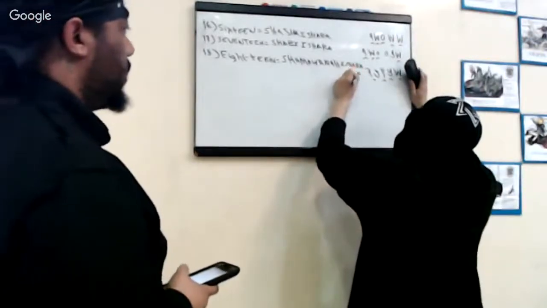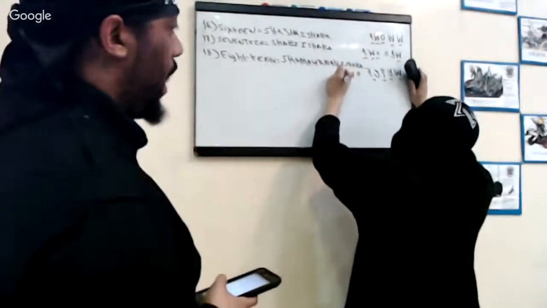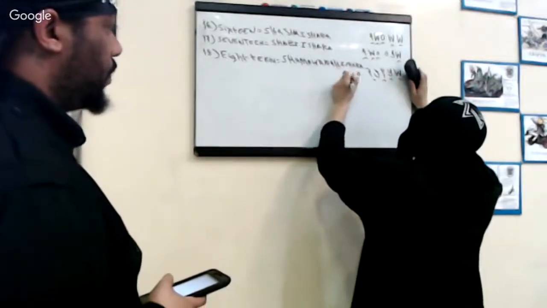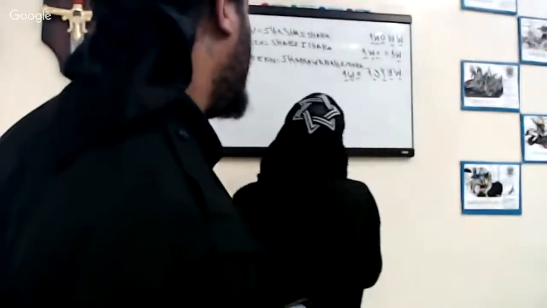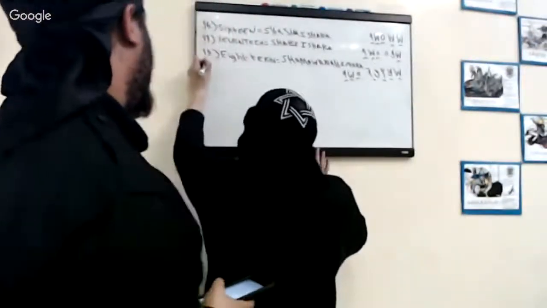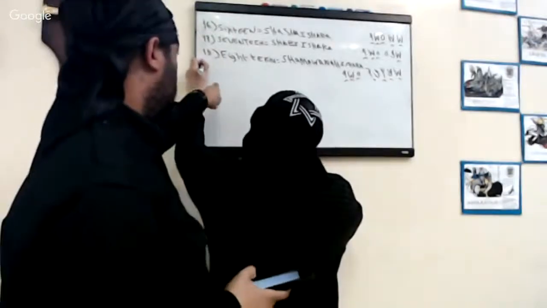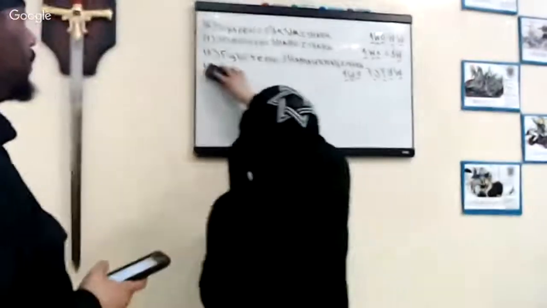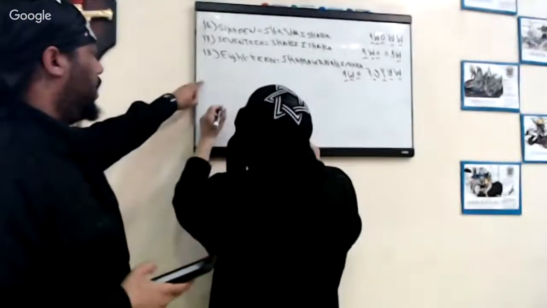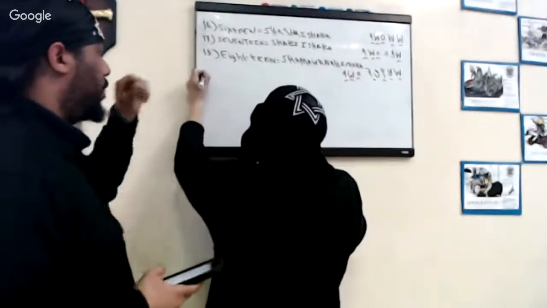Number 18 is Shamawana Aishara. Okay, now 19. Hold on, you want to go a little bit more down so you won't bump into that. Start about right. So you won't collide with the Shamawana Aishara.